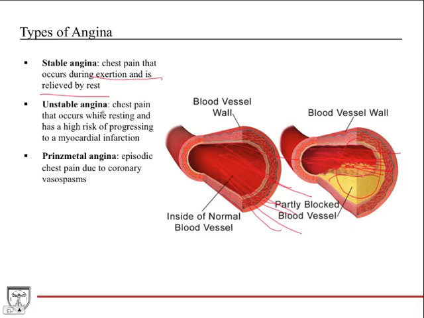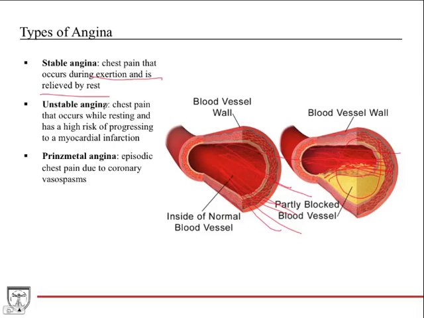Unstable angina is chest pain that occurs while resting, and it has a high risk of progressing to myocardial infarction. Usually unstable angina is a much more significant blockage. Even while you're resting, you still feel the chest pain, because even the small demand of resting still demands oxygen, and if the blood vessel is occluded so much that such a limited amount of blood flow is getting to the myocardium, even when it's resting, it's still not enough oxygen.